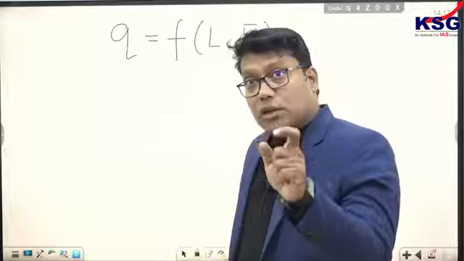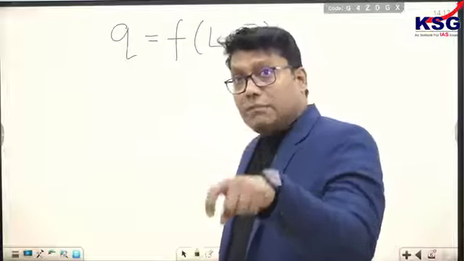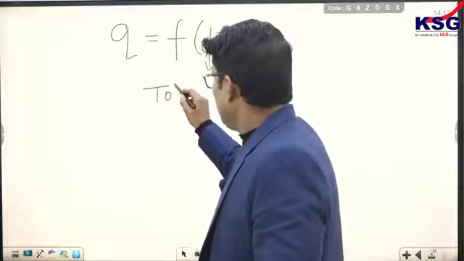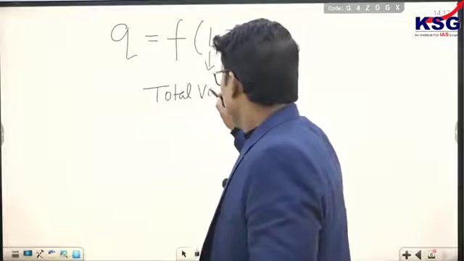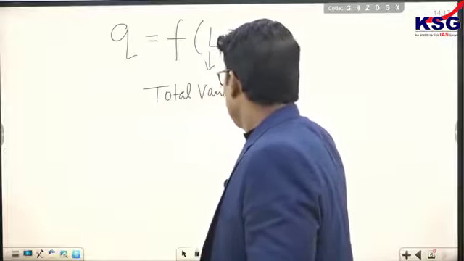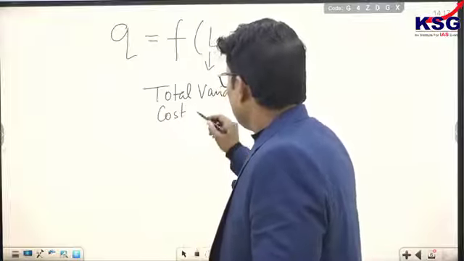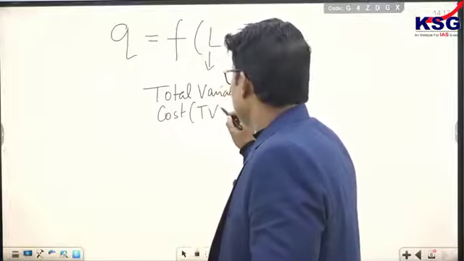So the total cost incurred on labor is known as total variable cost, in short form TVC.